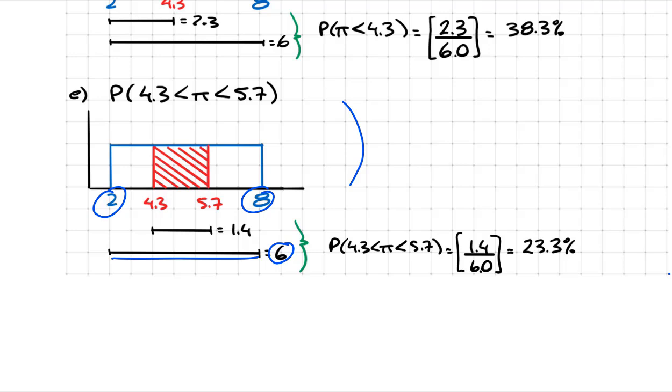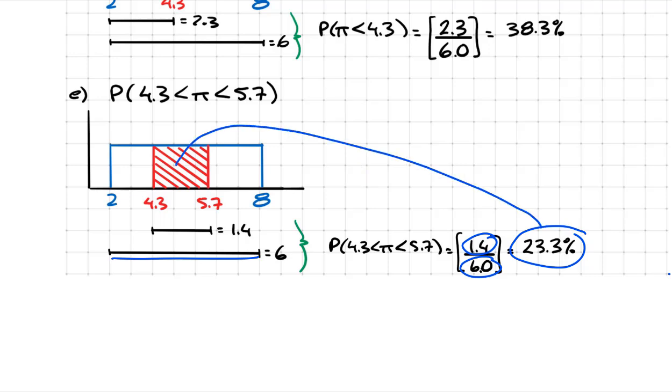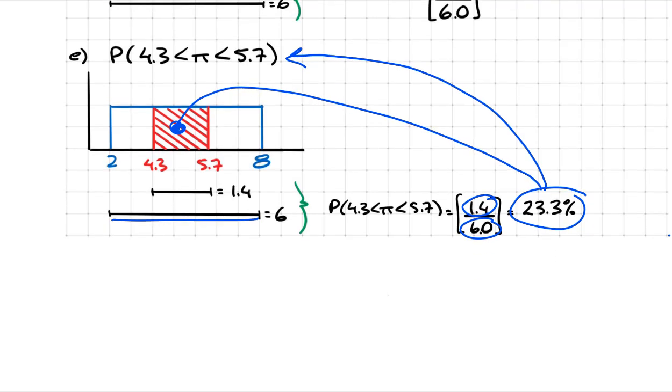Now, what fraction are we interested in? We're just interested in this part right there, and that represents 1.4. So to get the area of that red shaded area, it's just 1.4 divided by 6. That works out to 23.3%, and this represents the probability of that range. So if I had to answer this question head on, the probability that inflation would be anywhere between 4.3 and 5.7 is 23.3%.